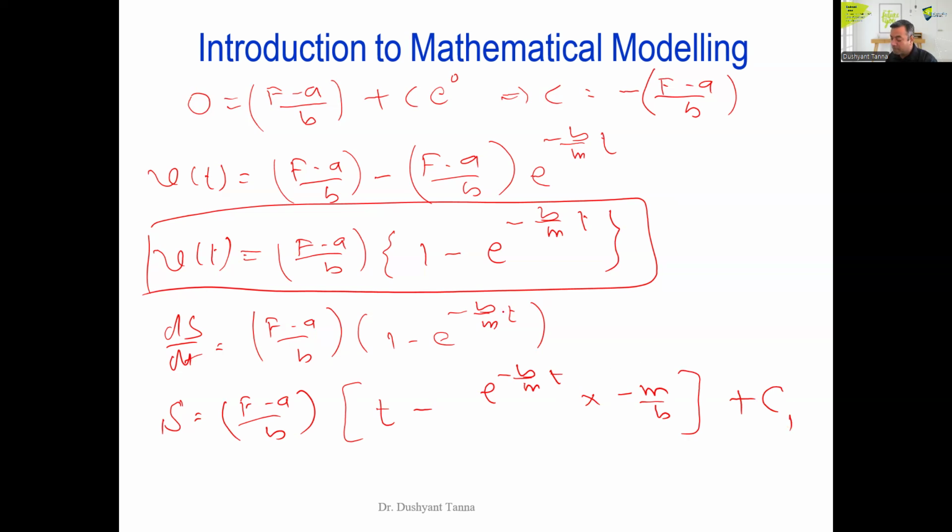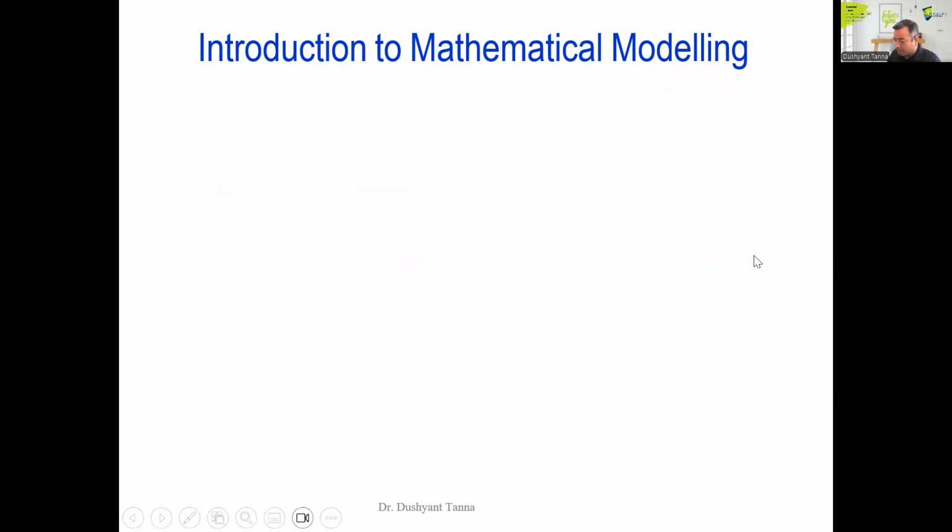Why did we get this? Because the multiple of t goes in the denominator, so minus B over m goes in the denominator, so I simplified that. Okay, so my s finally will be (F minus A) over B, right? t minus minus, plus m over B, e raised to minus B over m t, plus some constant C1.